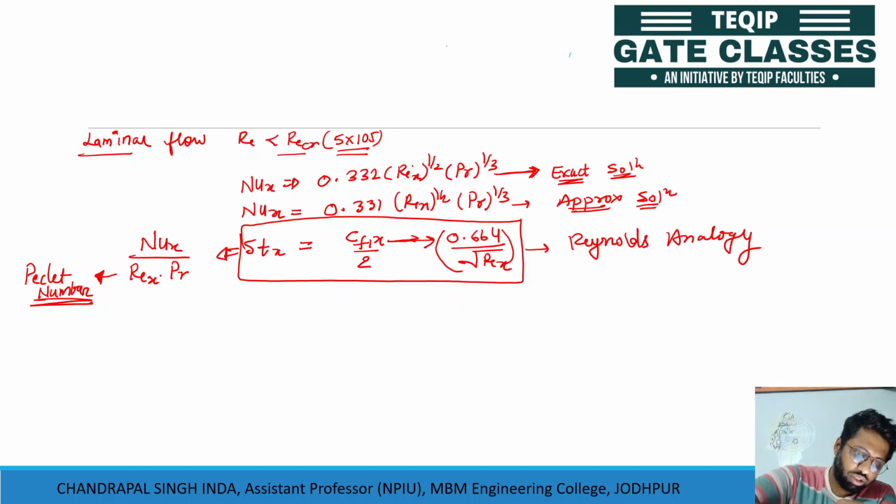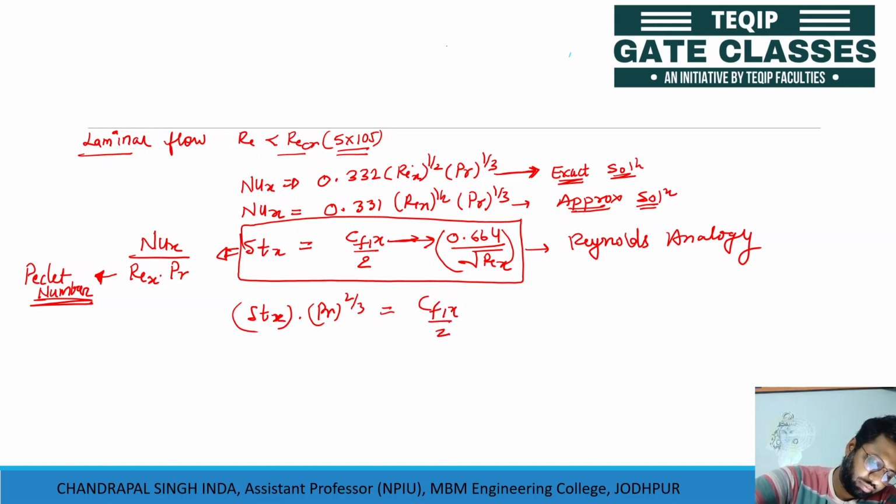One more analogy is there, the Colburn analogy. According to the Colburn analogy, the product of Stanton number and Prandtl power 2 by 3 gives the result Cfx by 2.